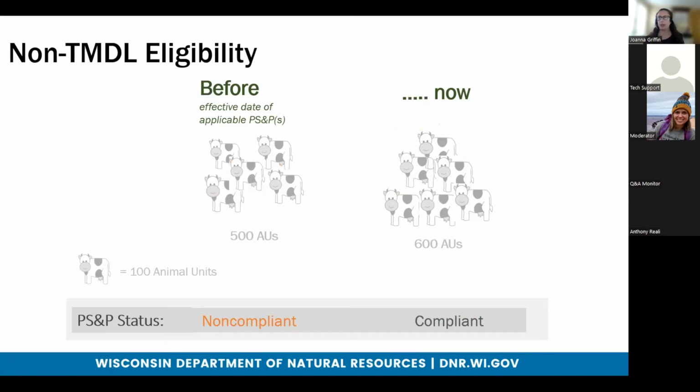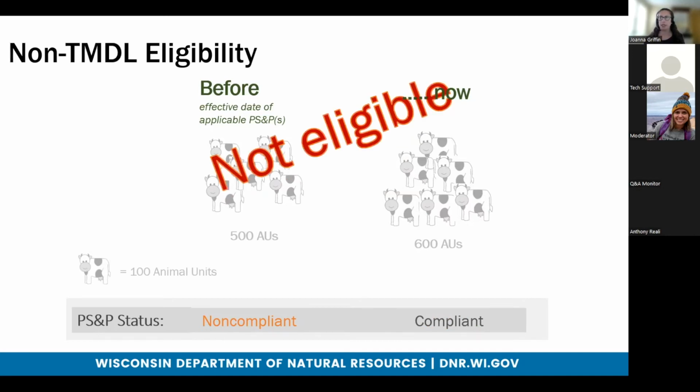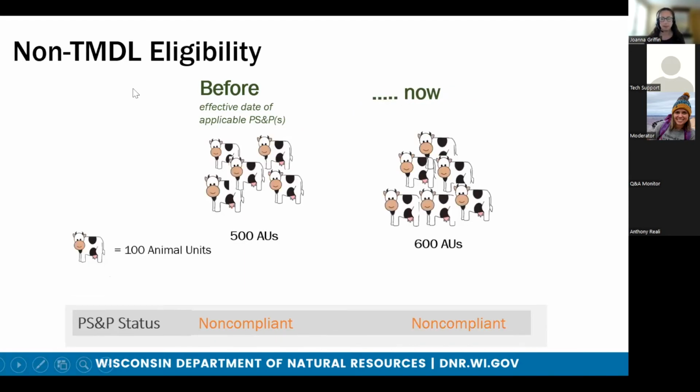Here's another example. The status was non-compliant and now it's compliant. In this case, the project is also not eligible because the facility is already in compliance. In this example, the performance standard status was non-compliant before the effective date and is still non-compliant.